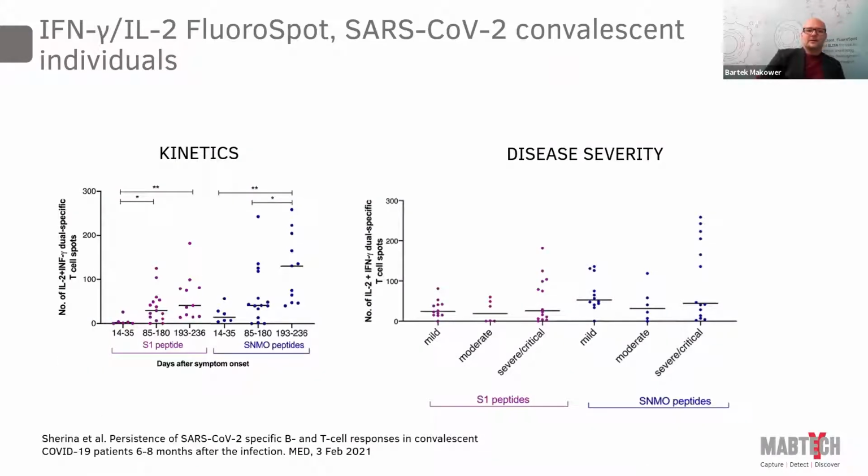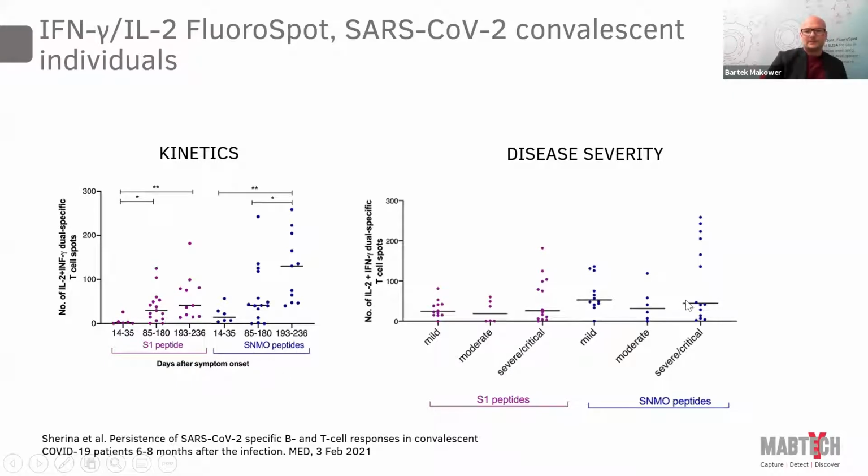And here, interferon gamma IL-2 FluoroSpot again. On the left, we look at dual producing cells, which produce both IL-2 and interferon gamma. Each dot here is a convalescent patient, and the kinetics show that the memory T cells actually increase over time for both peptide pools used, both for spike and for the defined peptide pool covering many different proteins.